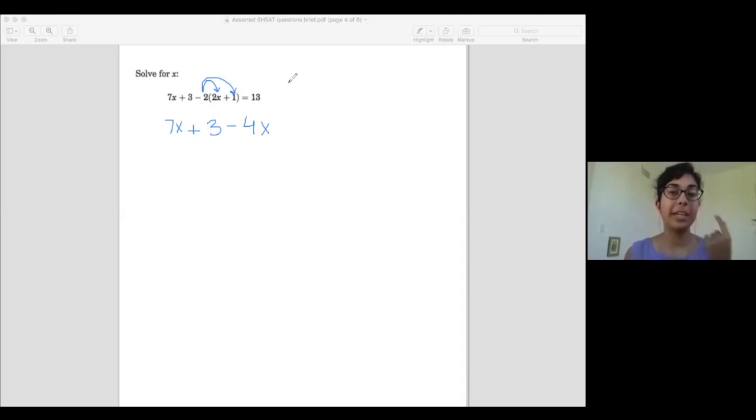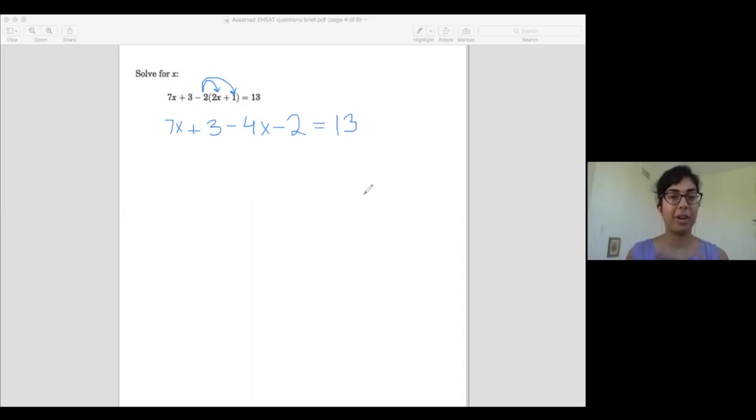So one thing to remember here is positive times positive is positive, negative times positive, like we did with -2 and 2x, negative times positive is negative. And same situation here, right? -2 times +1, that's going to be a negative number. That's going to be -2. That equals 13. So now I've at least dealt with my parentheses.